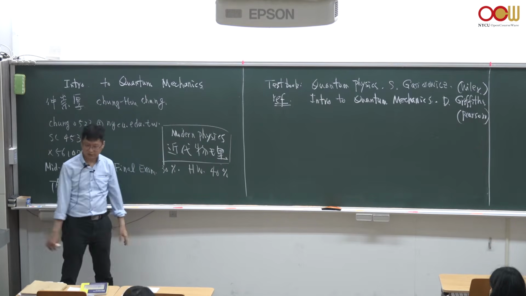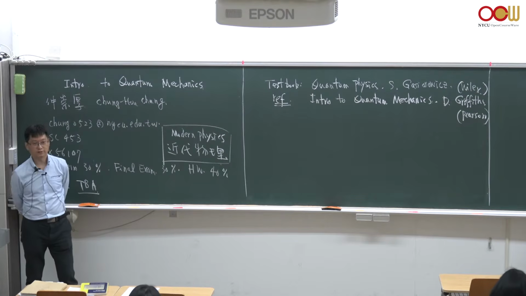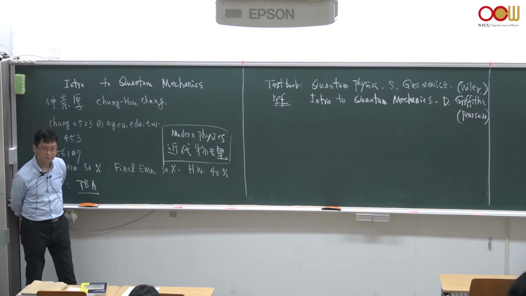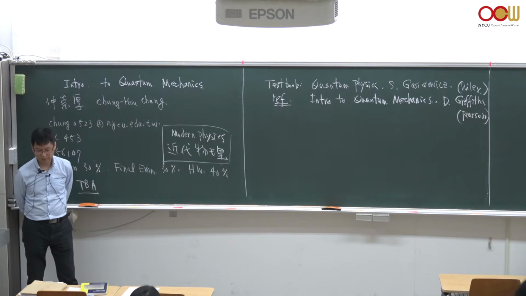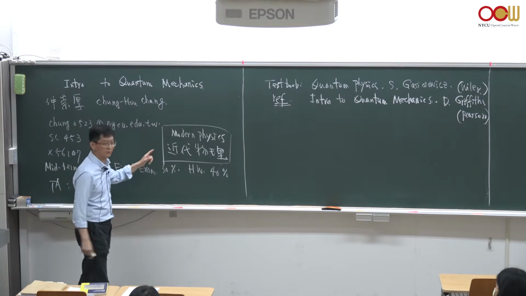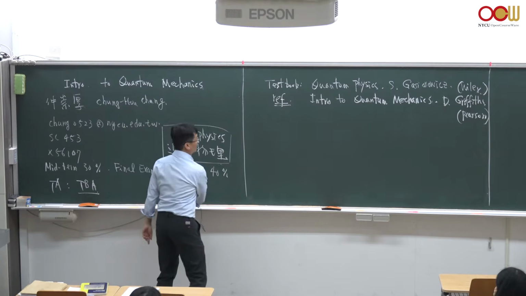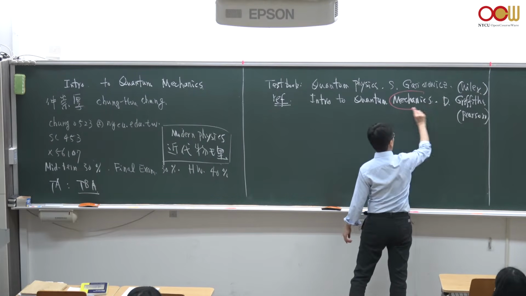It's not about introducing quantum phenomena from scratch, from the very beginning. For example, from the photoelectric effect, Compton scattering, and so on and so forth. No, this is not a course about the origin of quantum physics. It is about what? Quantum mechanics.